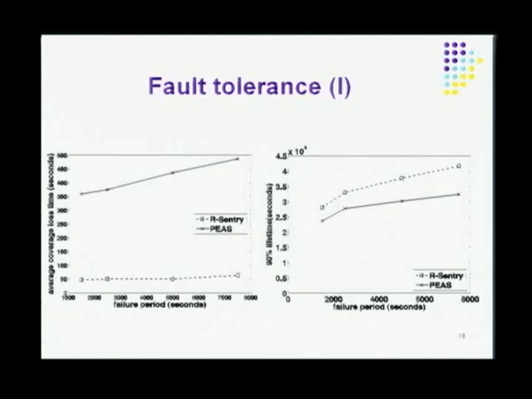This graph shows the fault-tolerant capability of the R-Sentry. Here, this is the failure period. We can see as the failure period goes up, which means the failure frequency decreases, our algorithm is almost immune to the failure frequency in terms of the average coverage loss time.